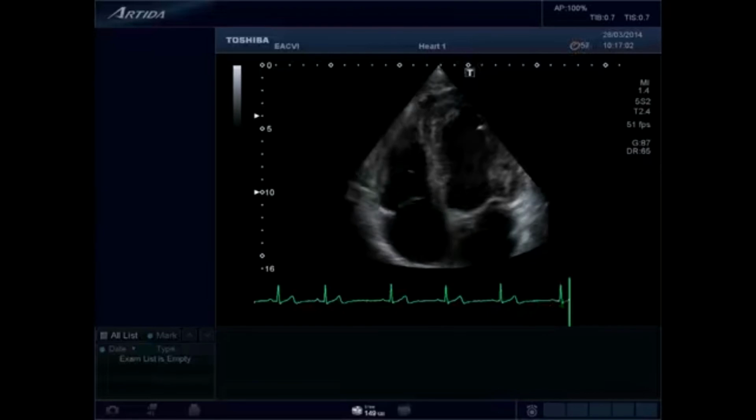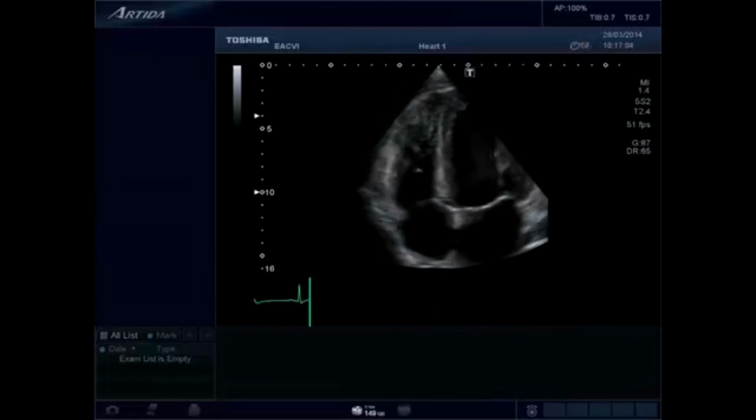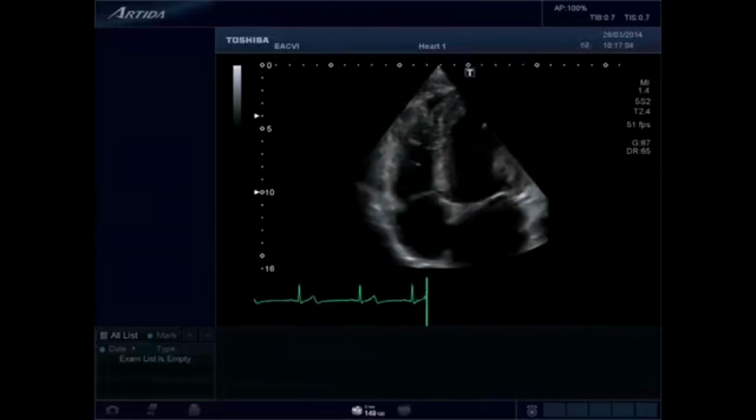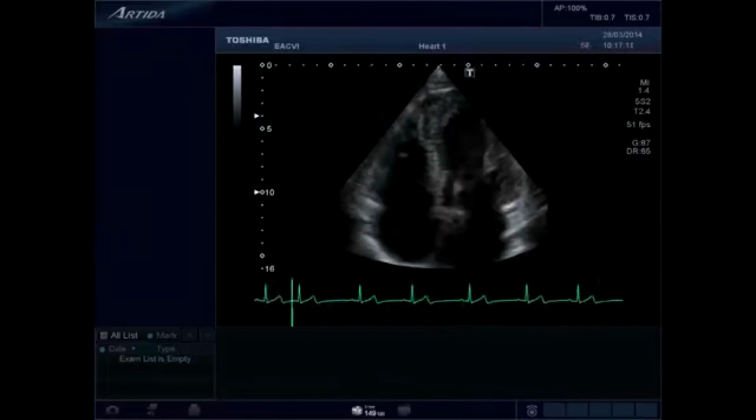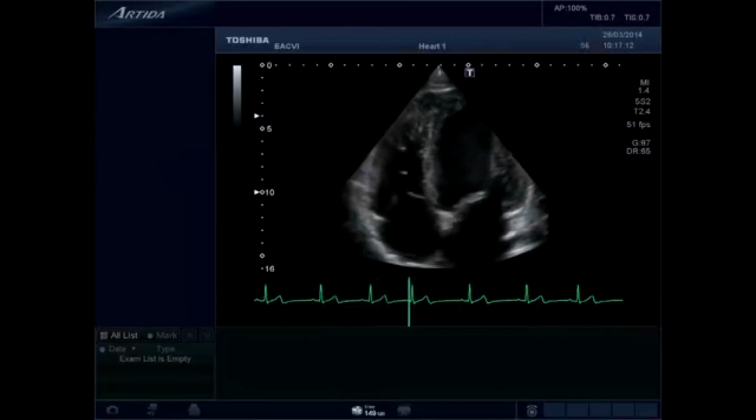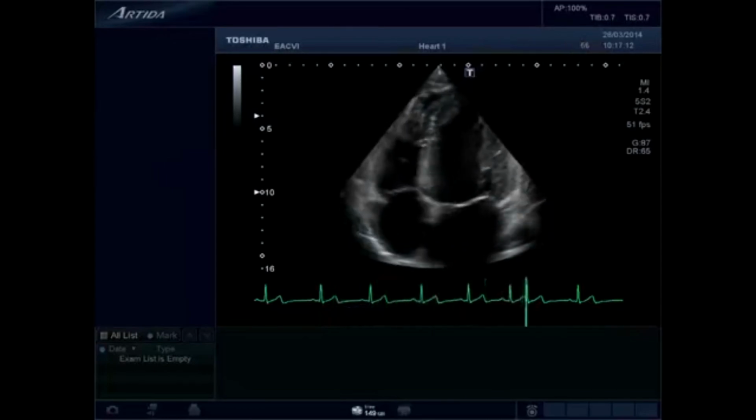So it's a way to assess the right ventricular function, the tricuspid annular systolic excursion, and it's really dependent on the angle that you use for the acquisition.